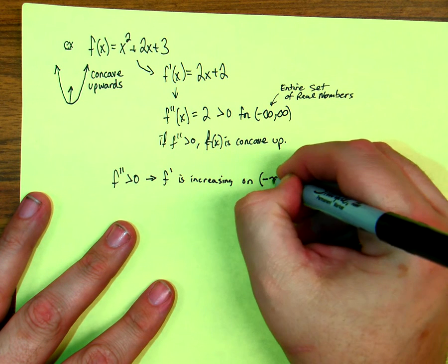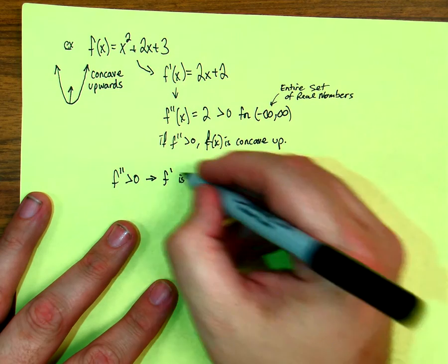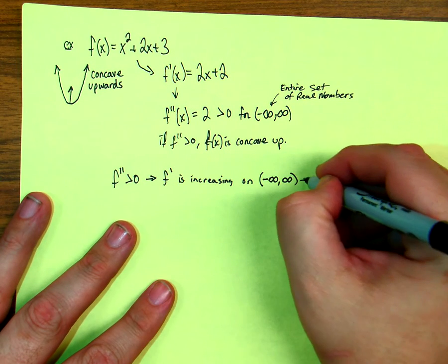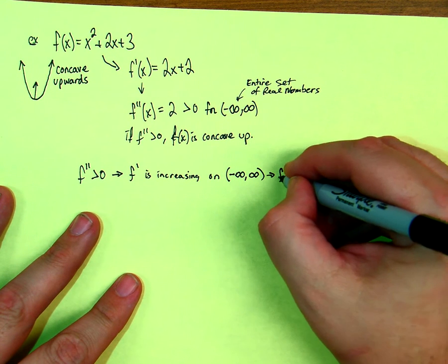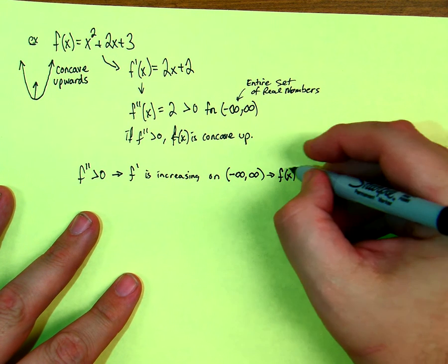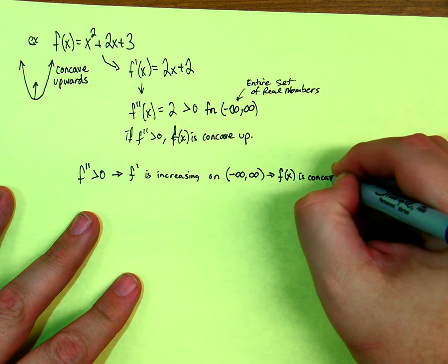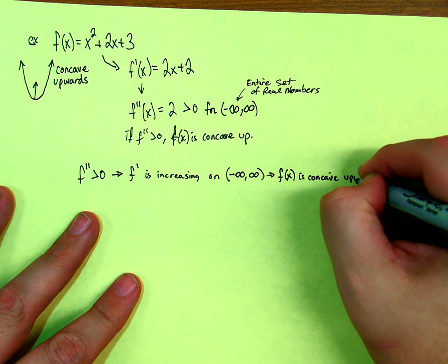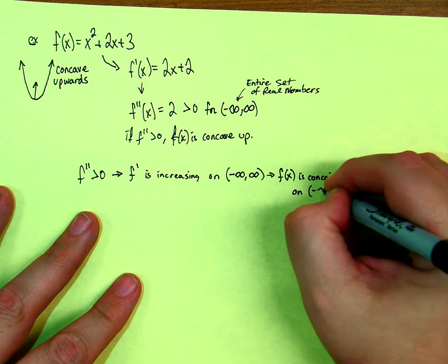And since f prime is increasing on negative infinity to infinity, we can conclude that f of x is concave upwards on negative infinity to infinity.